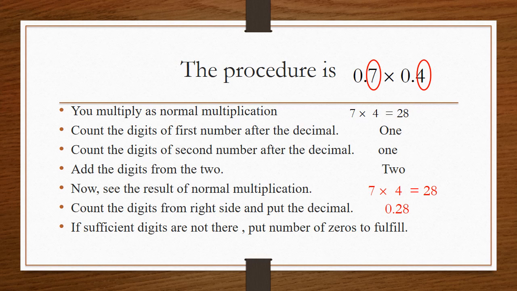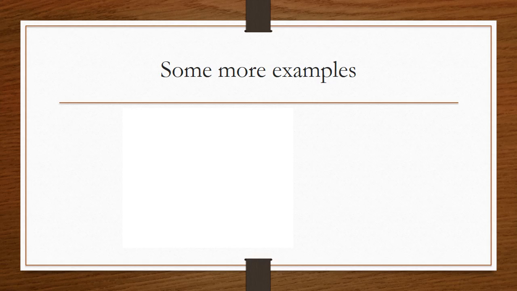So we'll go for some more examples, then we'll understand better. Some more. Suppose 5 multiplies 0.7, you see only one digit is there after the decimal. So we'll put 5 7s are 35, we'll write 3.5. 0.5 into 0.7, so there are 2 digits after the decimal, so we'll put 2 digits after the decimal, it will be 0.35.